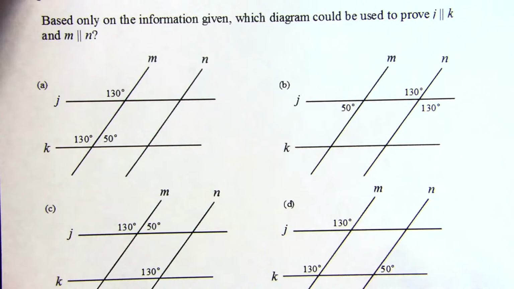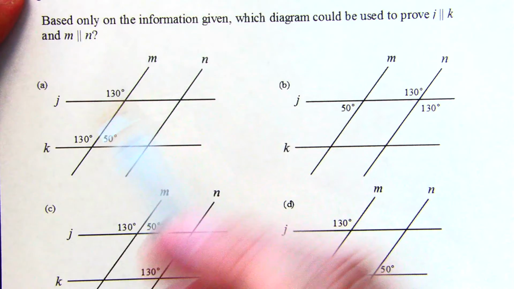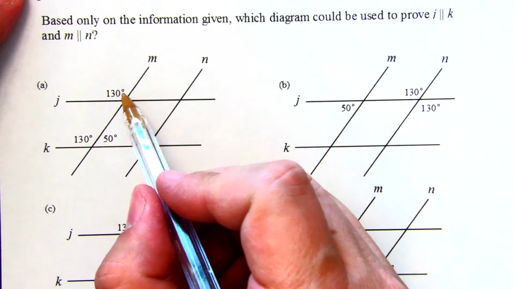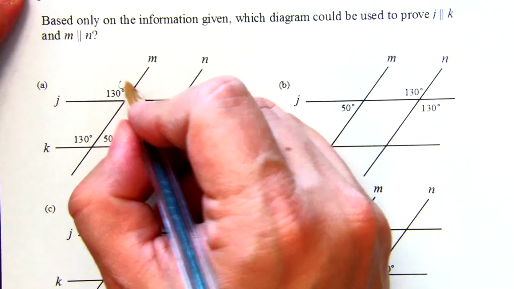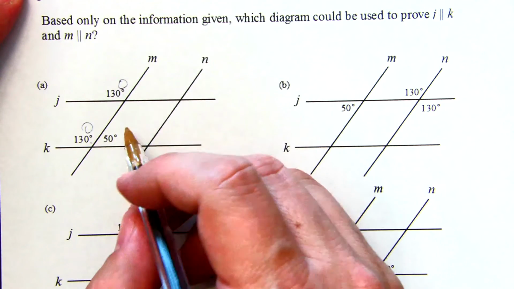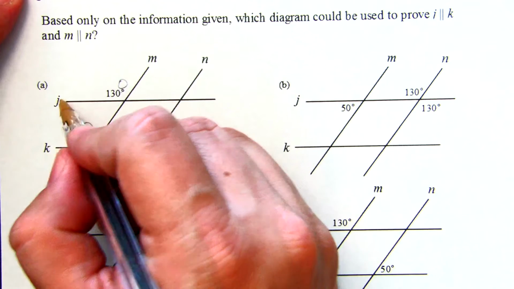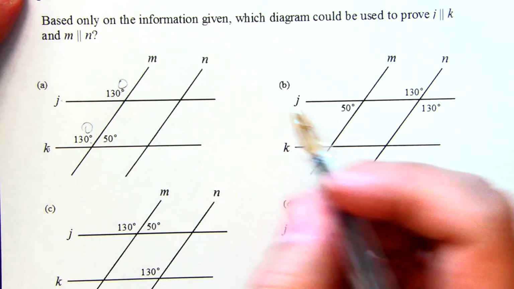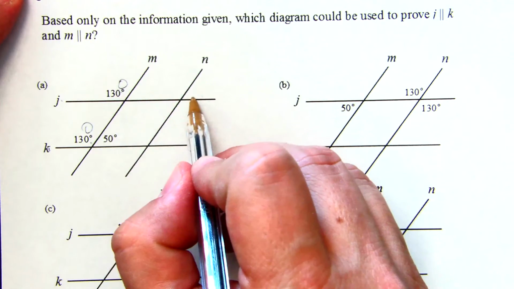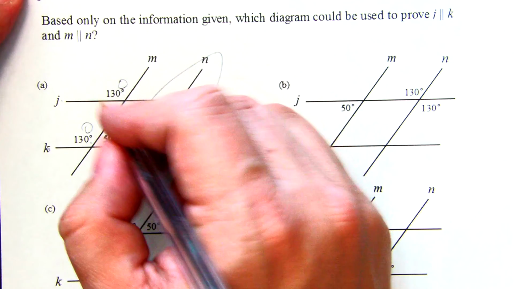Question 4. Based on the information given, which diagram could be used to prove that J is parallel to K? Okay, well, if we look at this diagram, we've got our big angles, both 130. So we've got two congruent big angles. That tells me that J is parallel to K. But I don't have anything about M and N here. I don't have anything about N at all, so it can't be this one. Right?